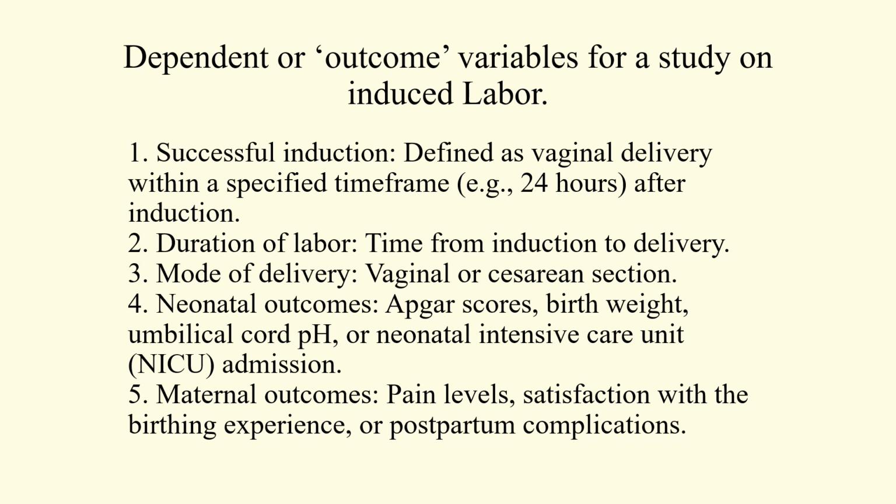Dependent or outcome variables for a study on induced labor may include successful induction, defined as vaginal delivery within a specified time frame after induction, duration of labor, time from induction to delivery, the mode of delivery, whether it ended as a vaginal delivery or cesarean section, what were the neonatal outcomes, and what was the maternal outcome in terms of either level of pain or satisfaction with the birthing experience or postpartum complications.